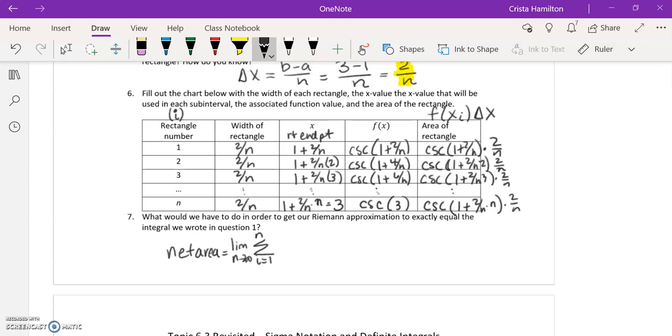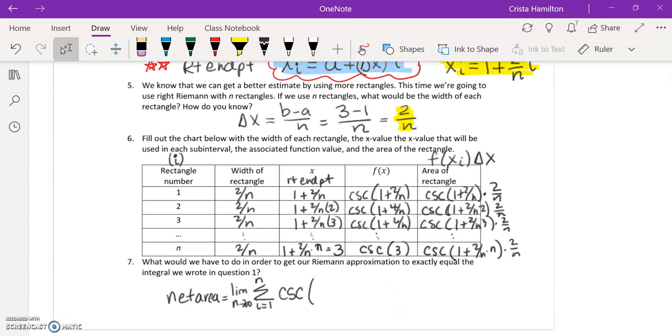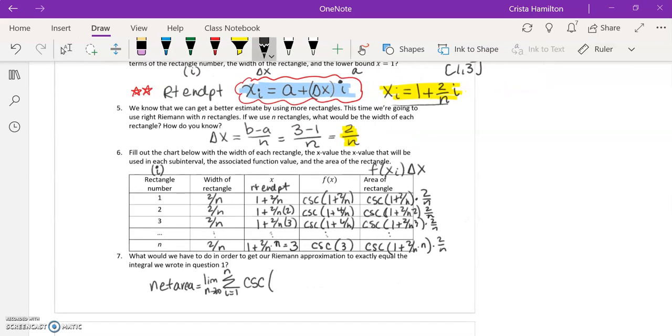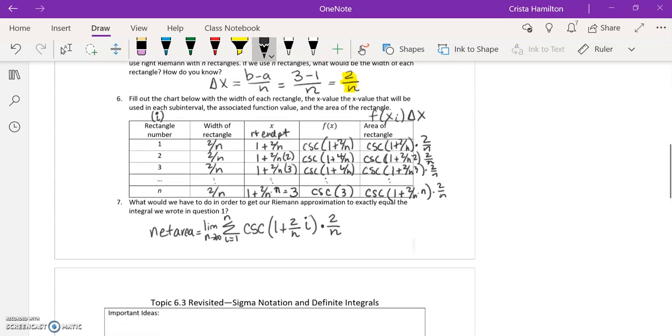And then our f of x sub i in this case was cosecant, that was my function, and my x sub i was the right endpoint. Our generic one for the right endpoint, underlined up here, was 1 plus 2 over n times i, that is, a plus delta x times i, times my width, which was 2 over n for this problem.